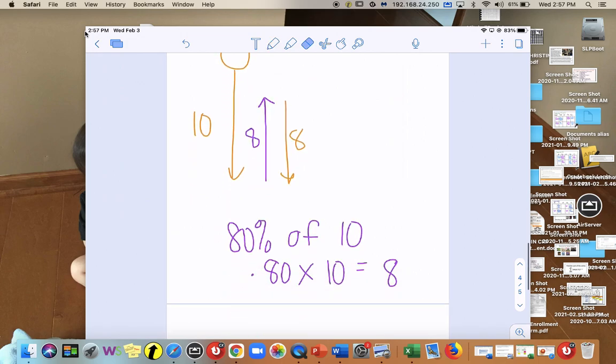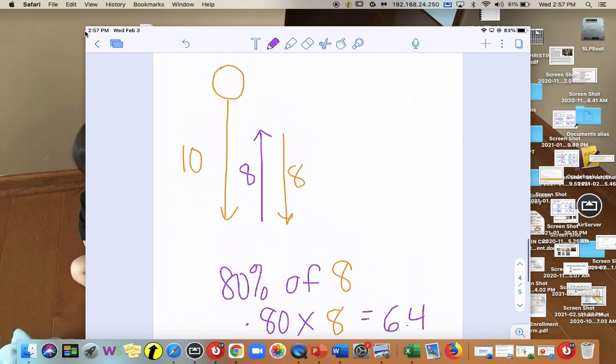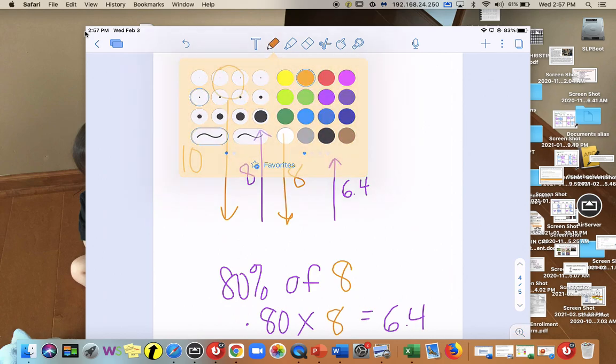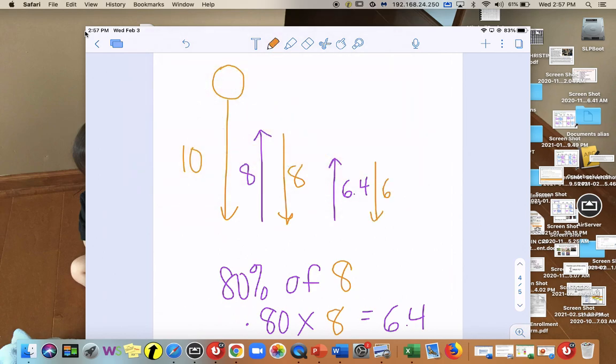And then we need 80% of 8. So again, that's 0.8 times 8. And if we type that in, 0.8 times 8 is 6.4. So the next rebound, it goes up 6.4 feet. But then it's going to go down 6.4 feet.